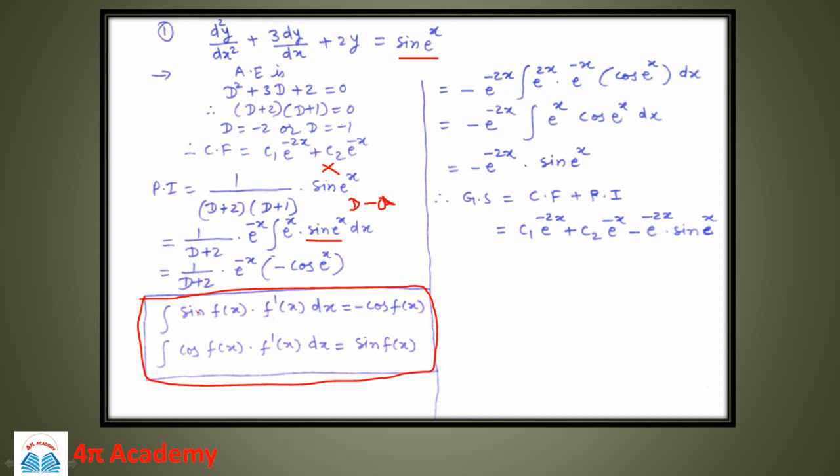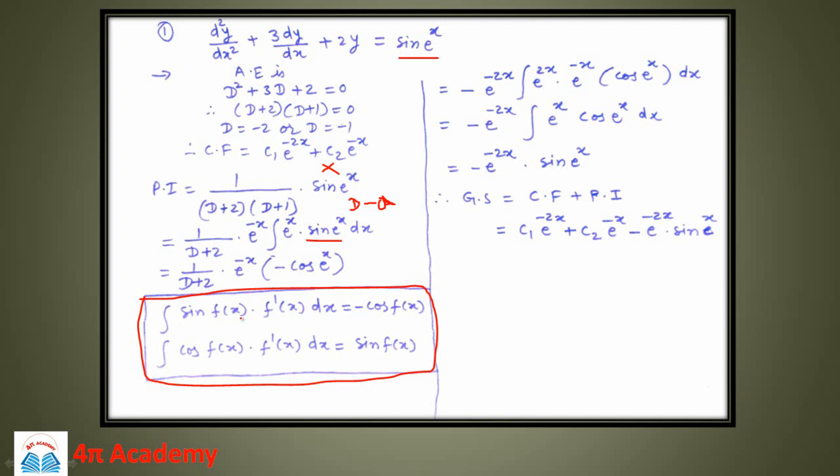So here, if I consider e raised to power x as f of x, then it will be sine of f of x, and this is multiplied by f dash of x, because the derivative of e raised to power x is again e raised to power x, and therefore this is sine of e raised to power x into e raised to power x dx.